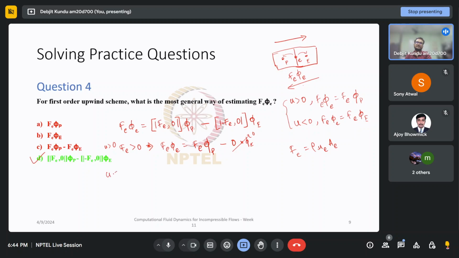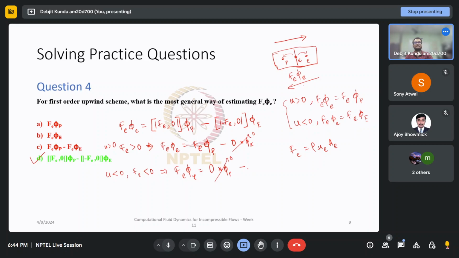Similarly, if U is less than 0, consequently Fe would also be less than 0. In that case, the first term over here would be 0 into phi P, going to 0, and the second term would be minus the maximum of minus Fe and 0.